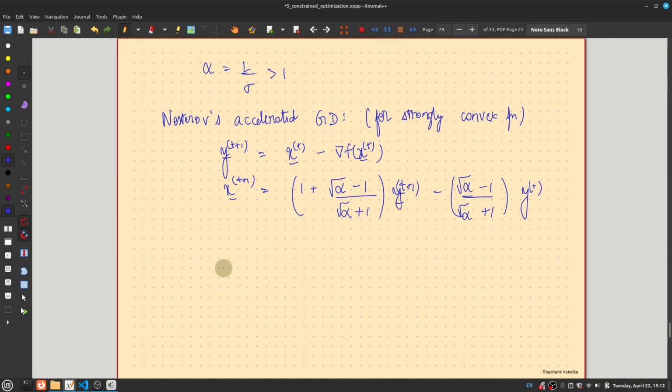So this basically gives you another interpretation of the accelerated gradient descent mechanism. Let me substitute y t plus 1 into this particular quantity.